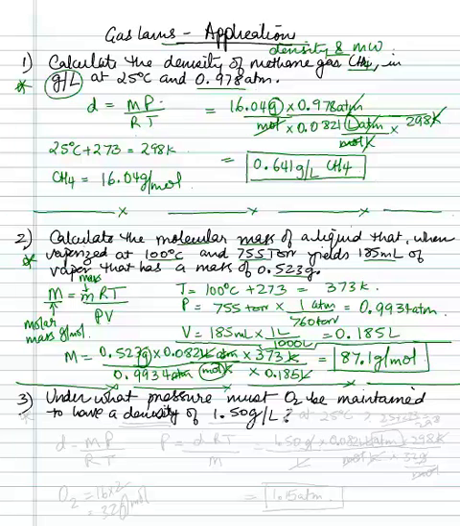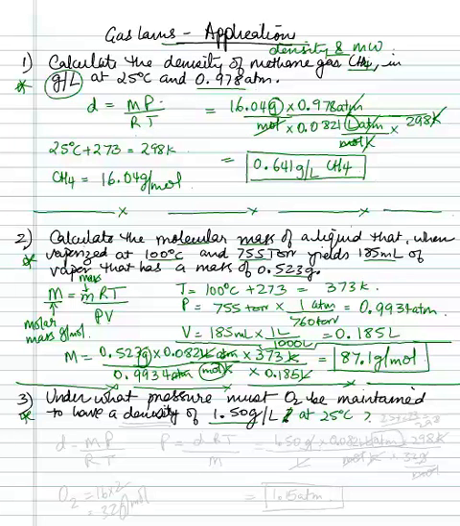Let's work on a third problem, and this one is: under what pressure must oxygen be maintained to have a density of 1.50 grams per liter? And I forgot to mention the temperature: 25 degrees Celsius. At least we need to have some information over here.